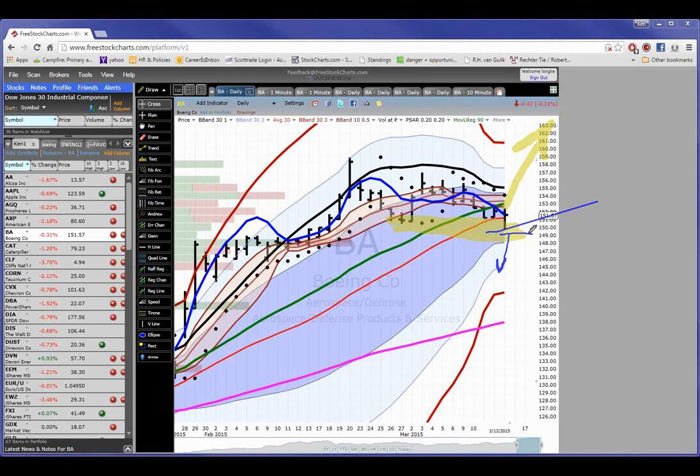If it falls below 150 here, then my targets are down here. I would just take that as a Z pattern, with the idea that it's coming back to the RL 270. This 148 looks like a lot of volume was transacted at 148, so we want to be sensitive to that.